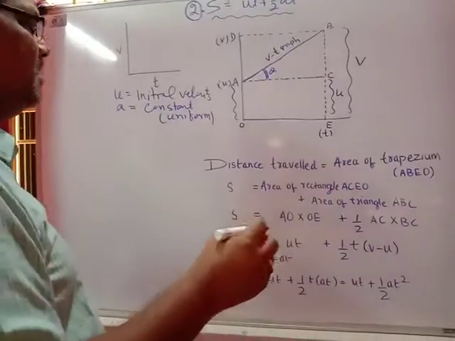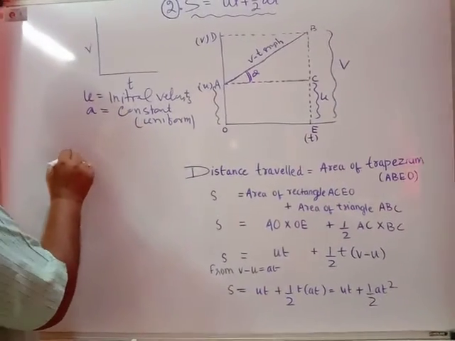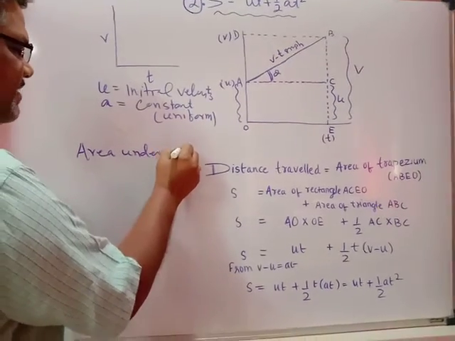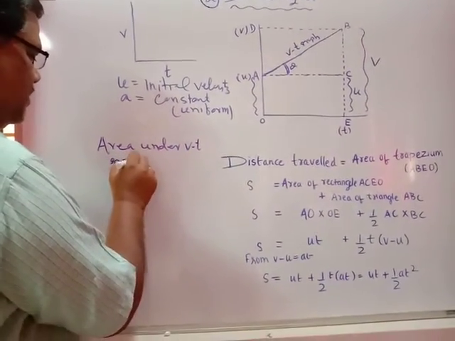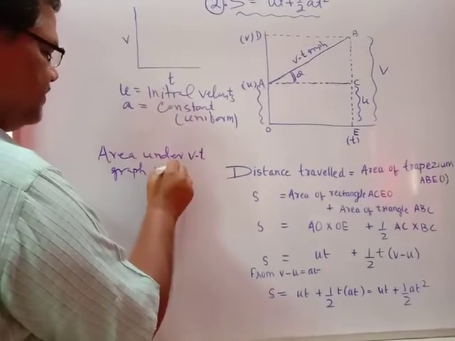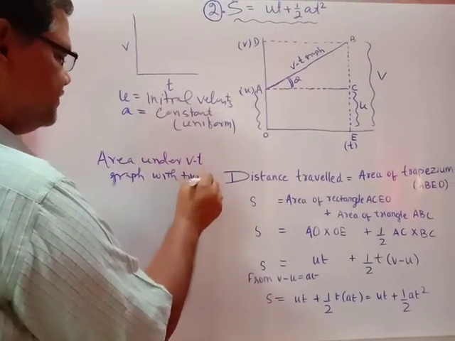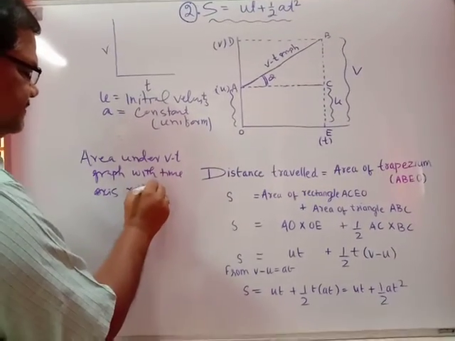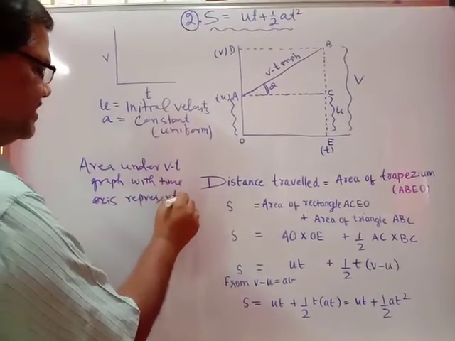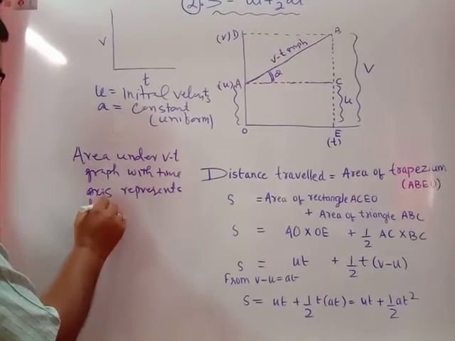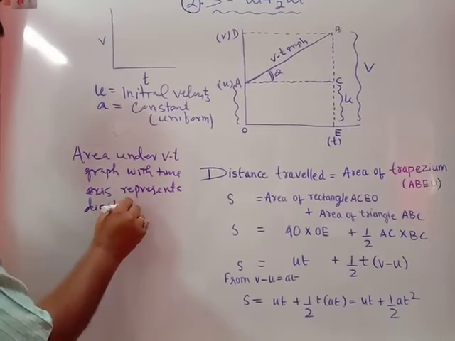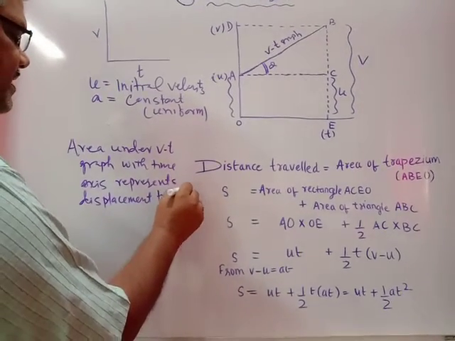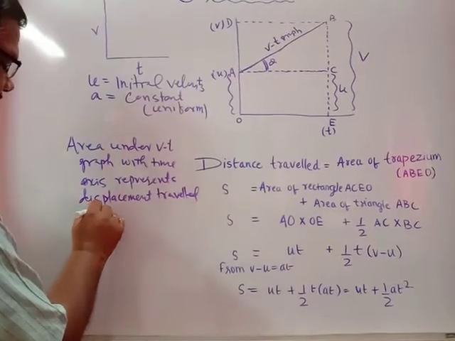So the important term here is that the area under the Vt graph with the time axis represents the displacement traveled by the object.